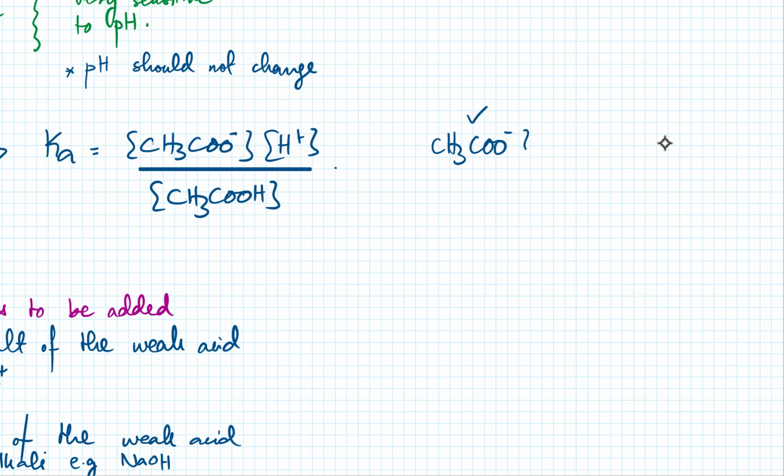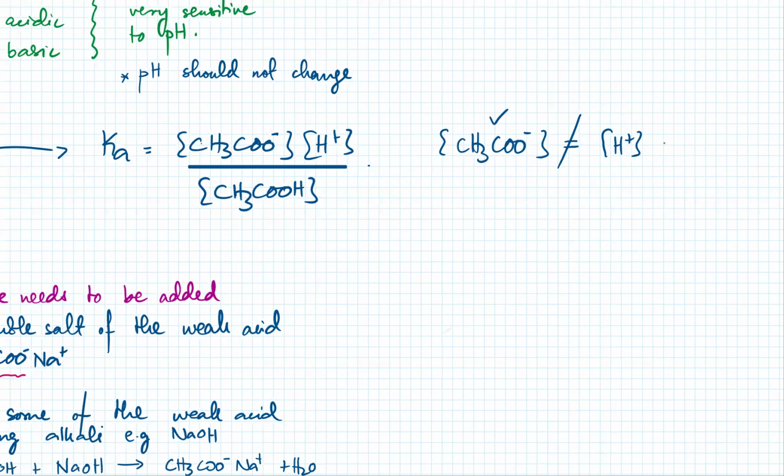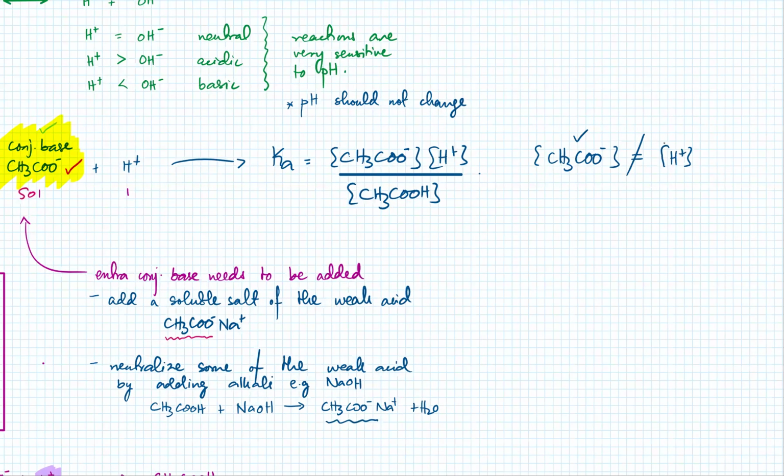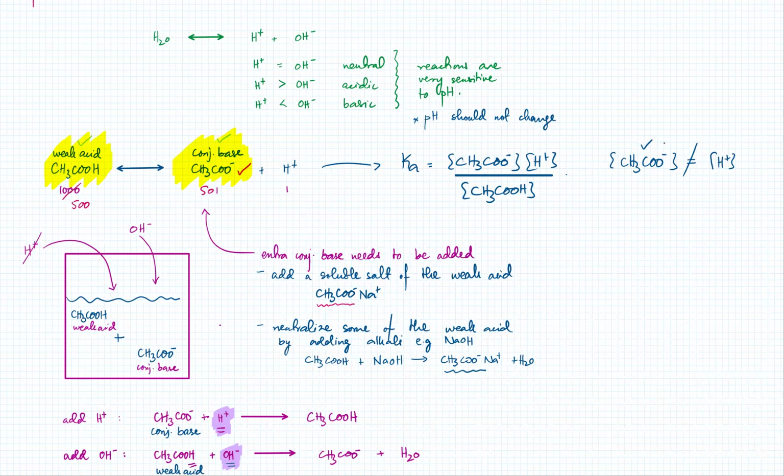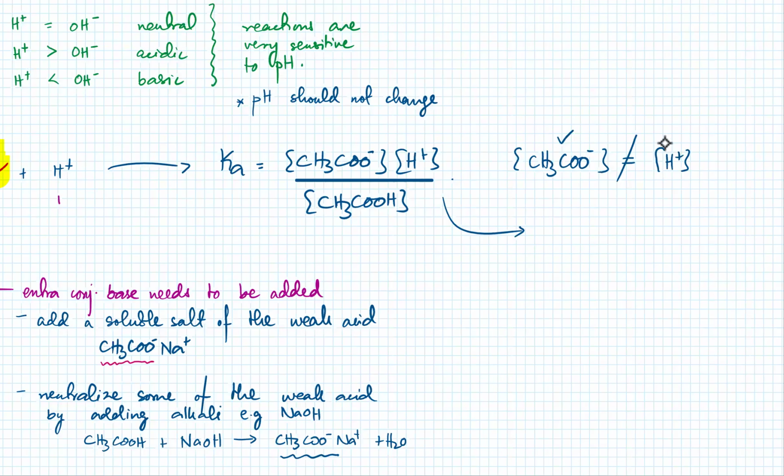So the concentration of H plus 1 and the concentration of CH3CO minus 1 are no longer equal. Is that point clear? That's the only difference in your calculation. Yes, sir.